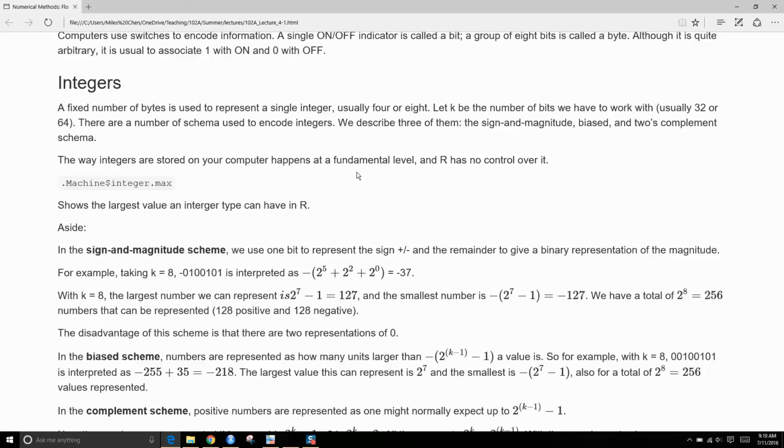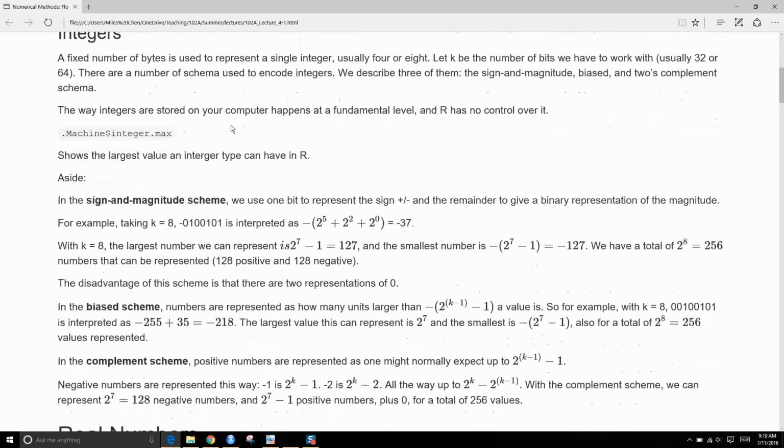This is happening at a much deeper level. We'll have a fixed number of bytes, and oftentimes our machine will have a certain number of bits that we can work with, usually 32 bits or 64 bits. Probably most of our machines are 64-bit systems these days.